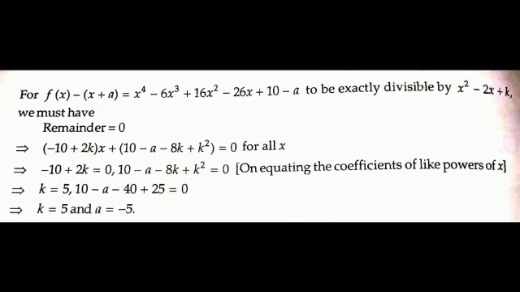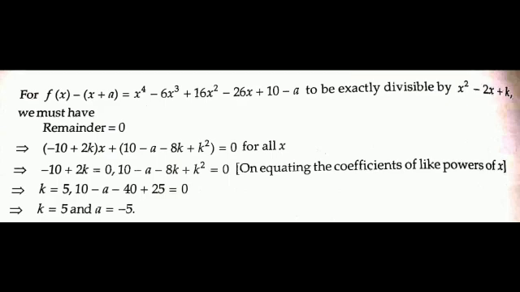So here we have minus 10 plus 2k equal to 0, which gives us k is equal to 5. And the other term, which was the constant in the remainder, 10 minus a minus 8k plus k square, should also be equal to 0 on equating the coefficients of like powers.